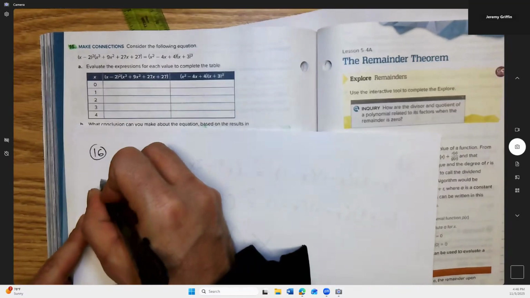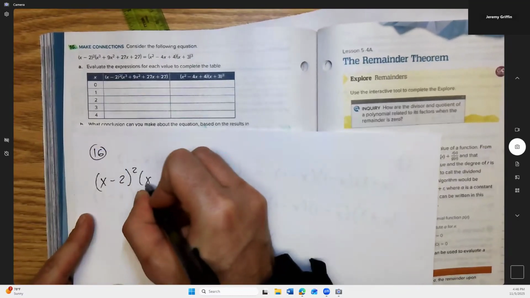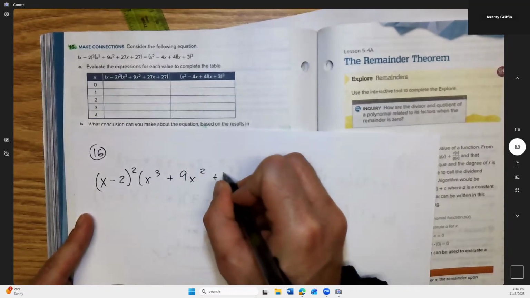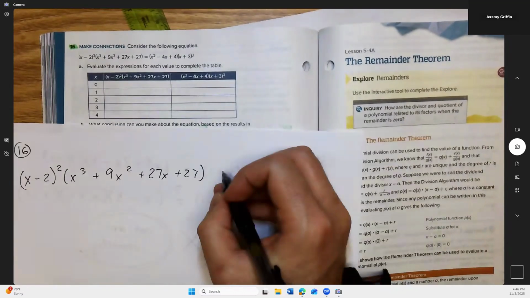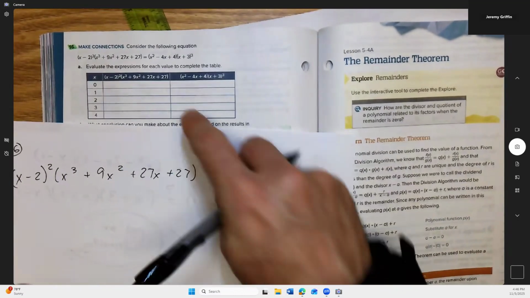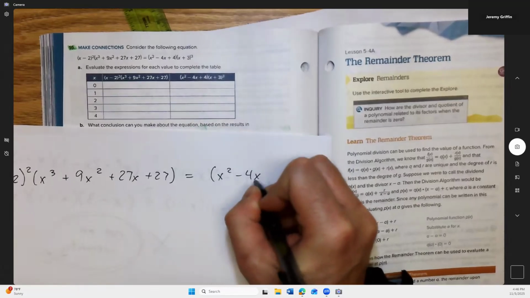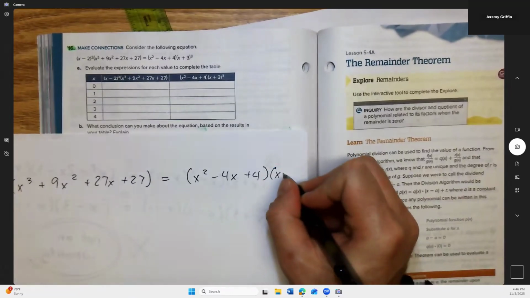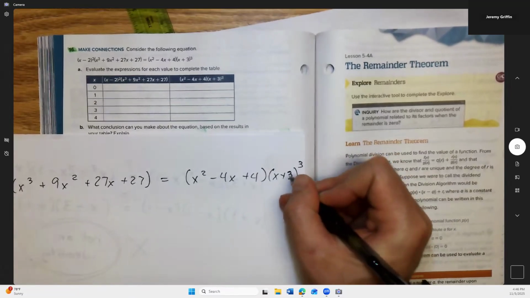We've got x minus 2 squared, times x cubed plus 9x squared plus 27x plus 27, supposedly equal to x squared minus 4x plus 4, all multiplied by x plus 3 cubed. Okay, let's put that in there.